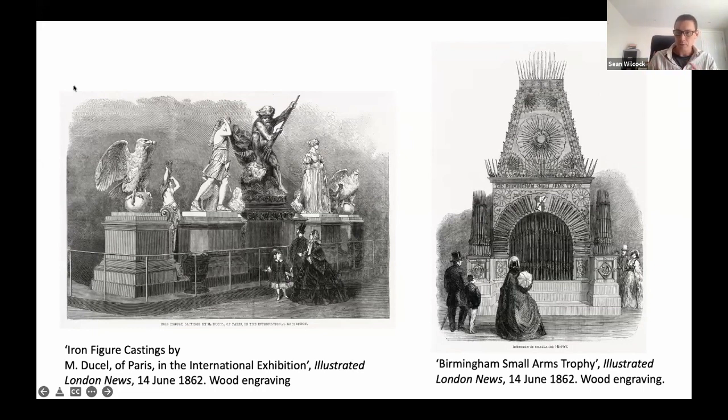But this equivalence between military spectatorship on the one hand and artistic spectatorship on the other was actually quite jarring for some of the British at the time.